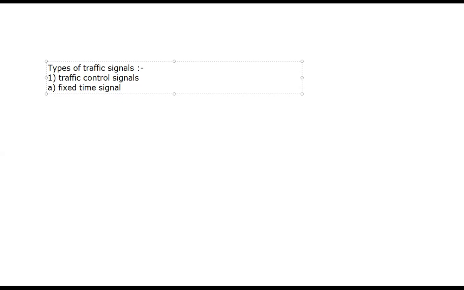Now what is cycle length? It is the time interval between the starting of any one signal, such as green, to the next green, and this time interval is fixed in a fixed time signal. Are you getting what I am trying to say?